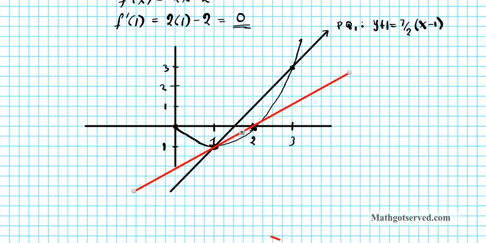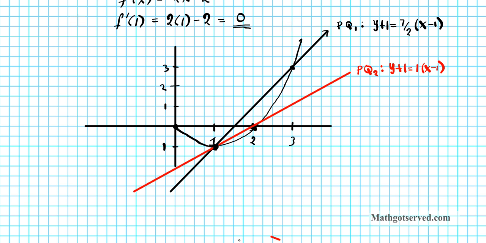It goes through the same point. And then this one is PQ sub 2, and the equation of that secant line was y plus 1 equals 1 times x minus 1. All right? Okay, we have 2 more secant lines to draw.